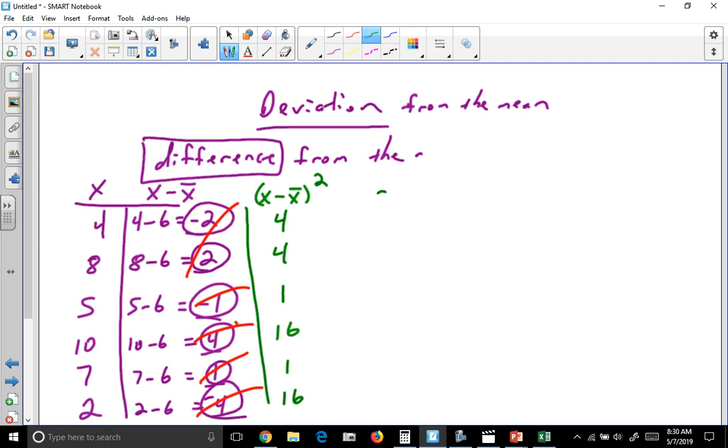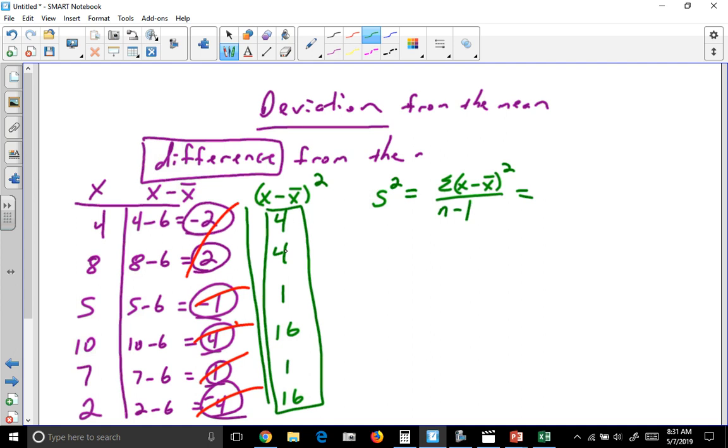So our formula to get our sample variance, we add those together, and then we divide by 1 less than the sample size. So if we add these together, 4, 8, 9, 25, 26, 42. And earlier we said that those are 6 values, so we're actually going to divide by 5. So 42 divided by 5, so our variance is 8.4.